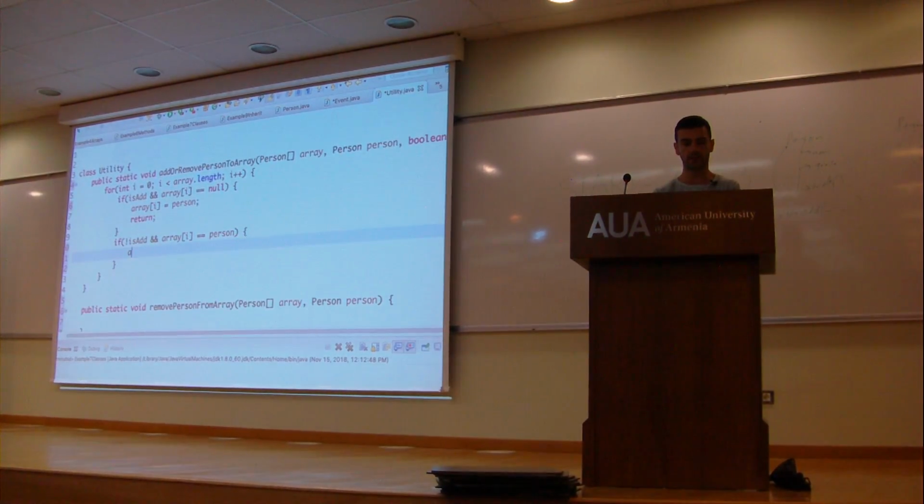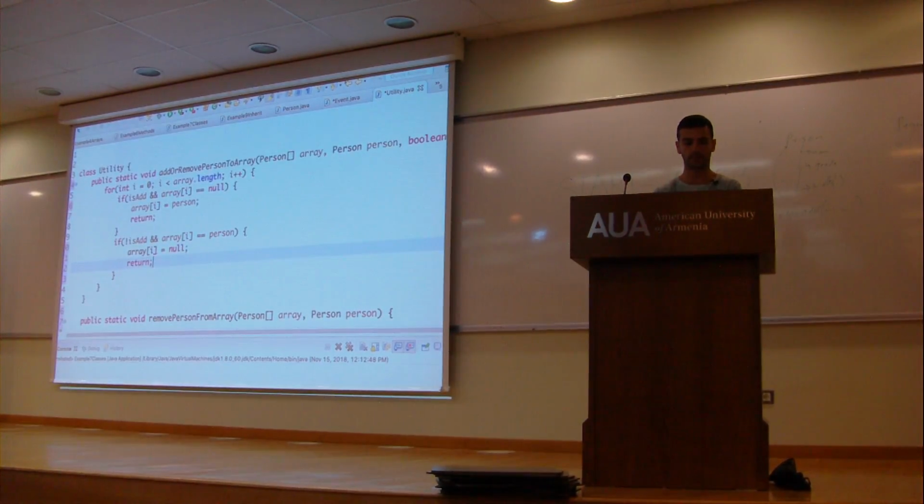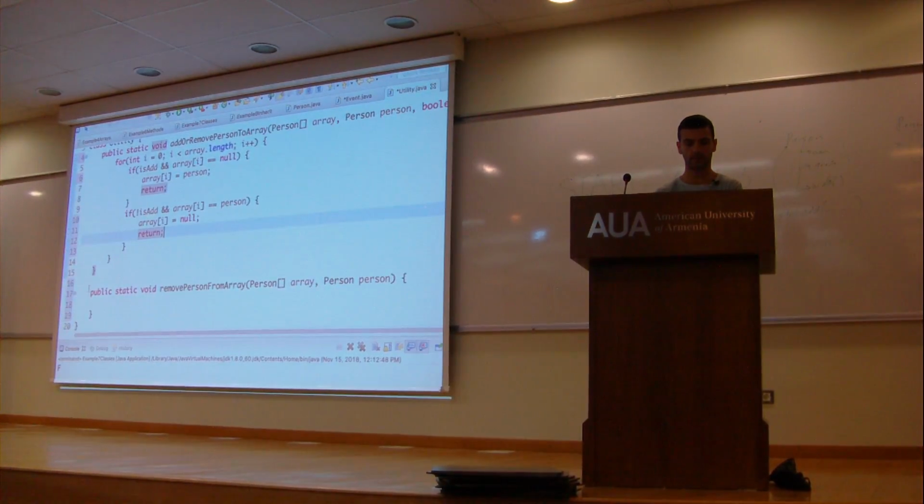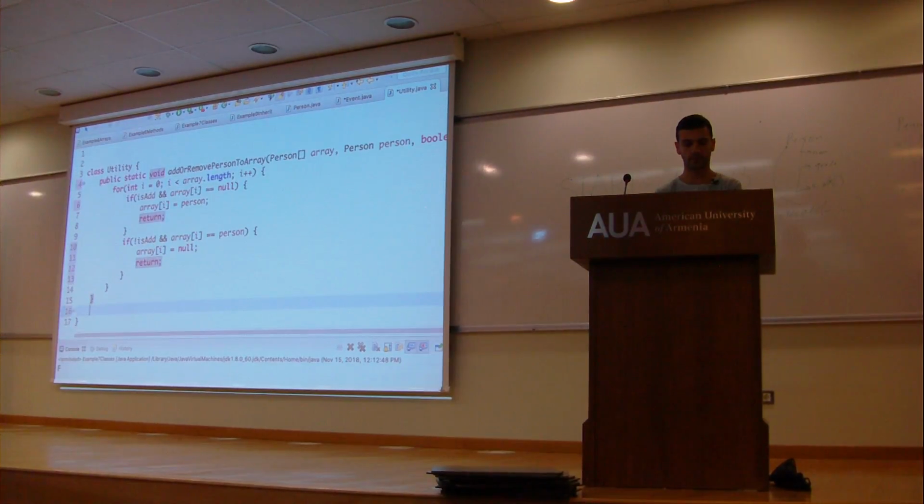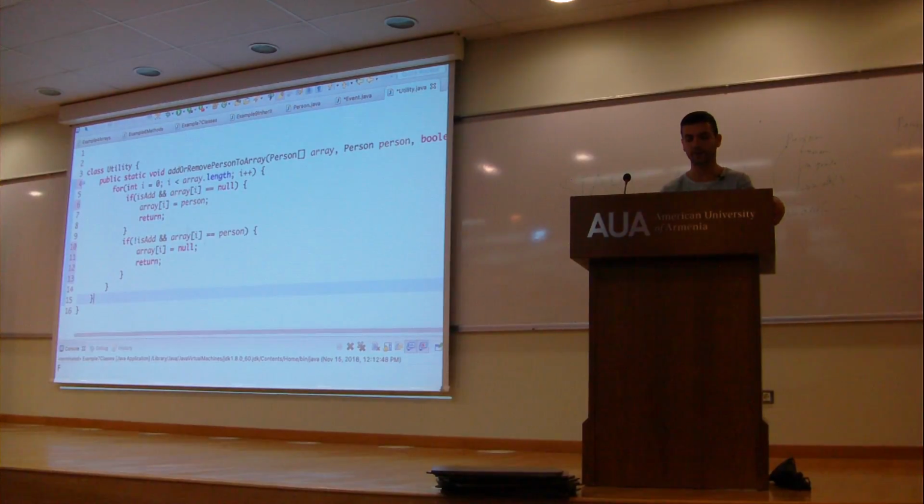In that case, array I should be null and return there. This what you had in mind? Very nice. So now we have this one function that takes an array, a person, and a boolean that when true adds the person and when false removes the person.